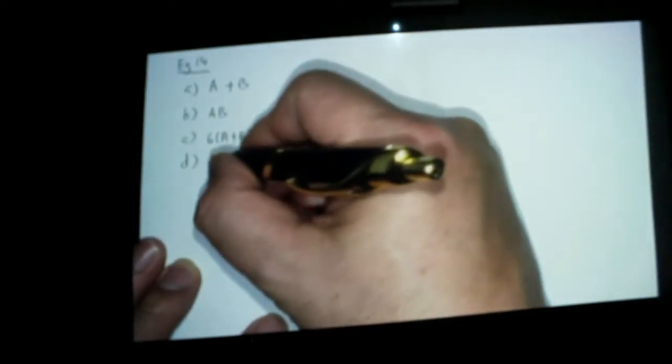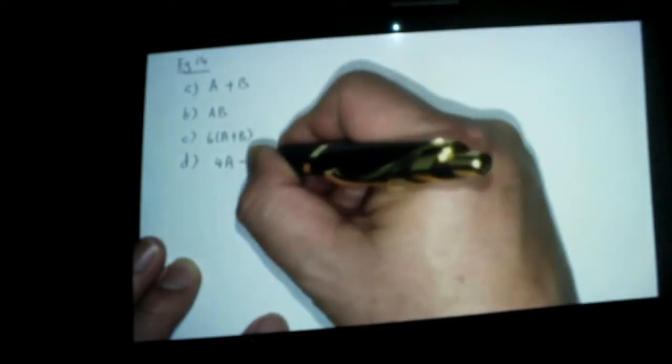So let's say the number is a. Multiply the number by 4, so 4a, and you subtract 8 from the answer. So you minus 8. That's how you get the answer. Okay, is that straightforward? Hope most of you are able to understand this concept.